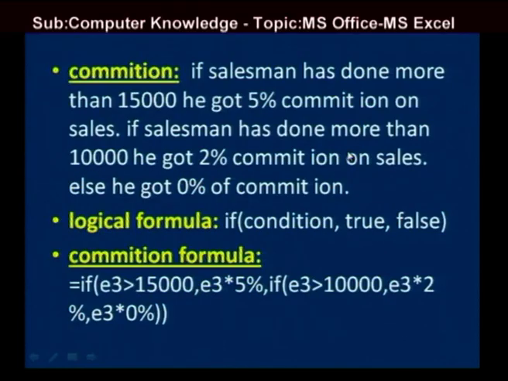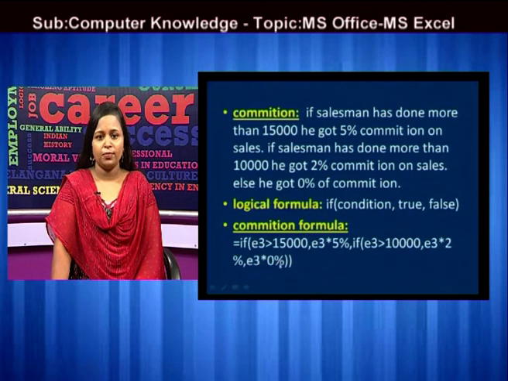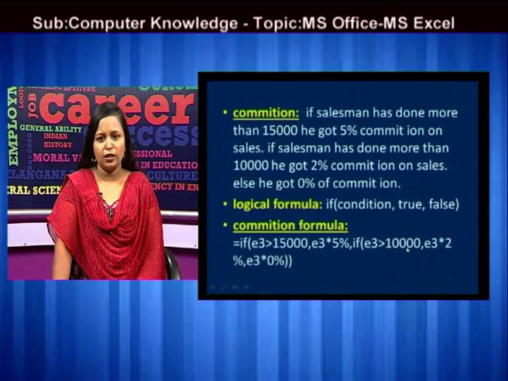Next, commission. How to calculate the commission? In this commission some conditions are there, and whenever there are conditions we have to use IF. That is 15,000 and 10,000. Greater than 15,000 per salesman, the amount is calculated at 5%, and for 10,000 the calculation percent is 2%, otherwise 0%.